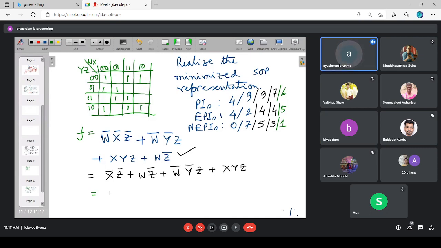Function: W Y bar Z bar plus W bar Y bar Z plus XYZ plus WYZ bar plus W bar Z bar X bar.